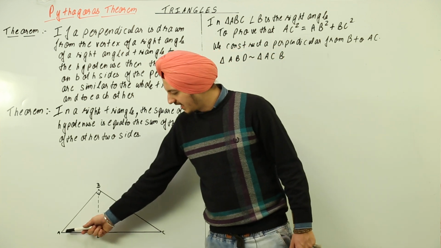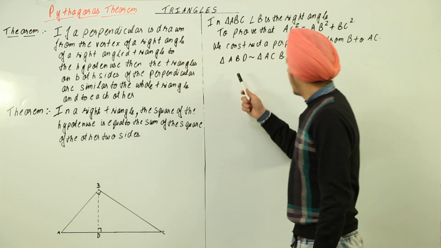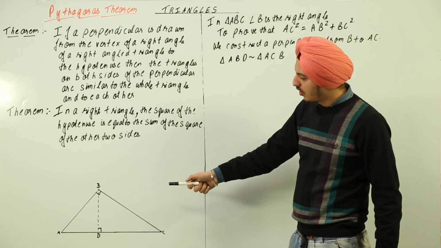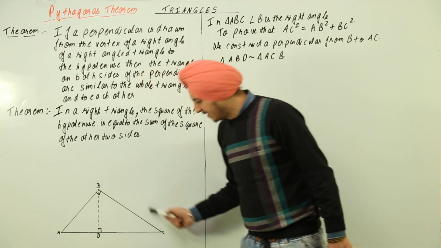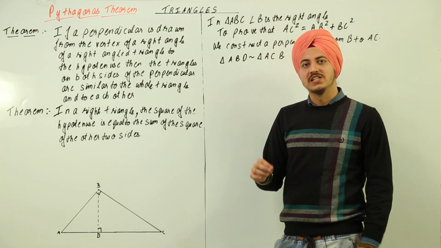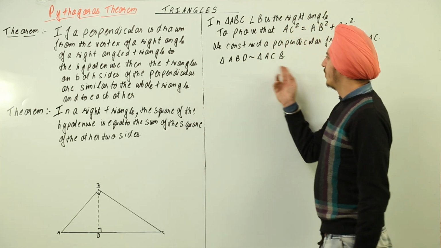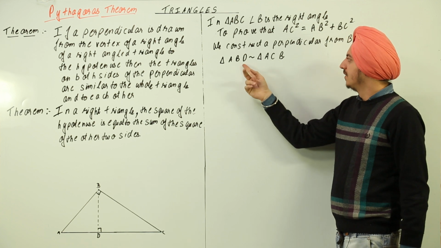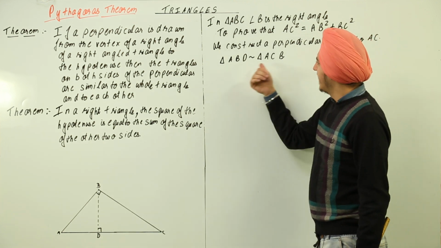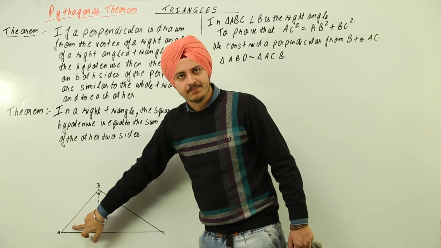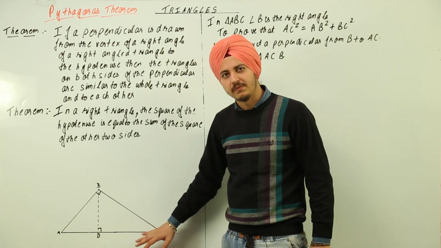Now which angle is equal to angle A? Angle A is equal to angle A, right? Those are common in the smaller triangle ABD and triangle ABC. We have to determine which angles are equal, and that is how we write the sequence of the similarity, correct? So angle A is common, both of them are equal.